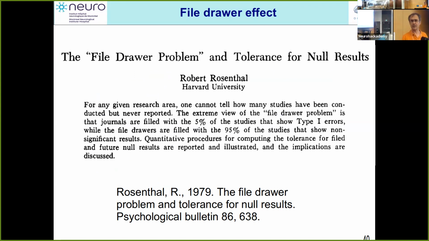And the problem is that we don't know how to publish null results properly, and that's difficult. It would be amazing if every experiment that we do had some significant results, and we were so good in theory that we always knew there's going to be something significant, right?